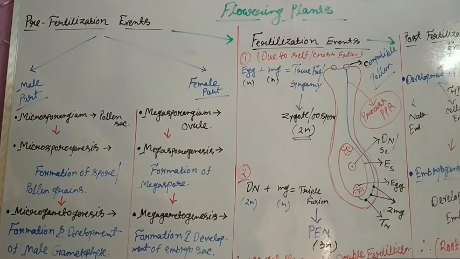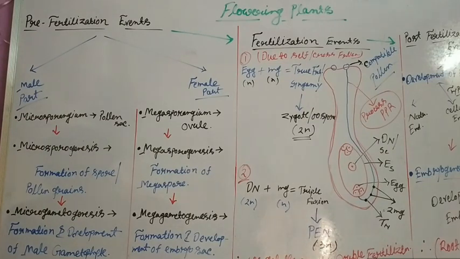What is the microsporogenesis process, and what is the result of microsporogenesis? The result of the microsporogenesis process is the formation of spores, which are also called pollen grains.